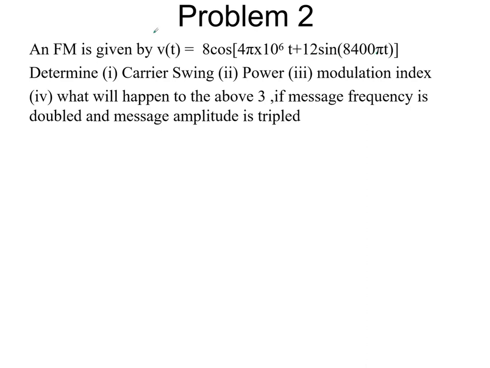Now if you compare this with your standard FM equation, which is Ac cos of 2 pi fc t plus beta sine 2 pi fm t, you can write down the given values. Your carrier amplitude is 8 volts, don't forget to mention the units.